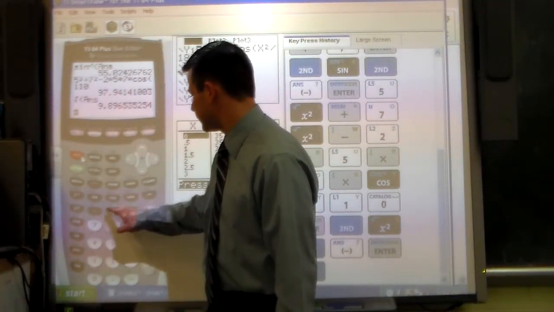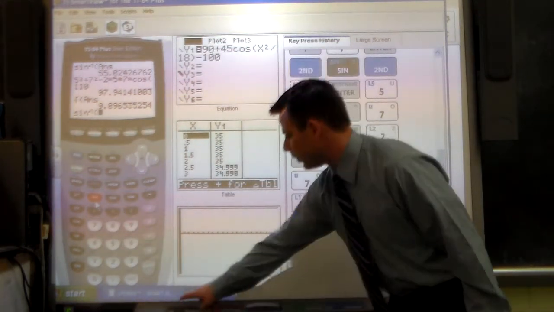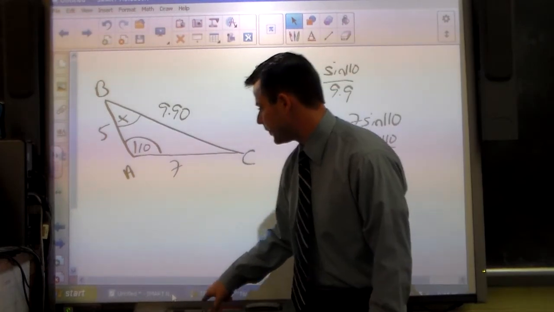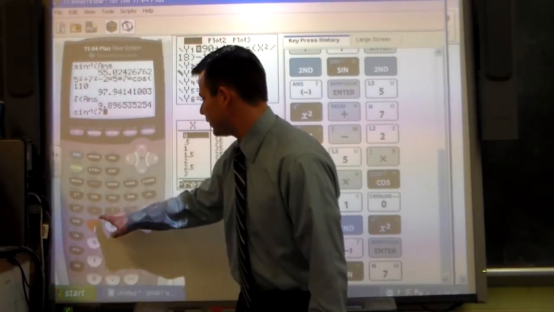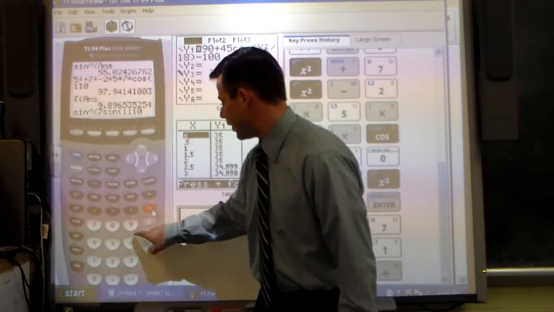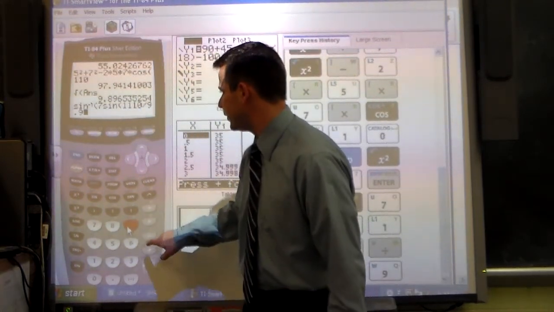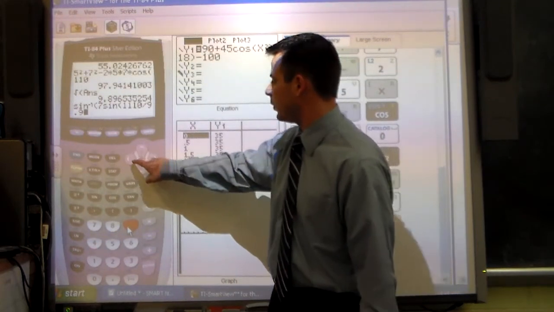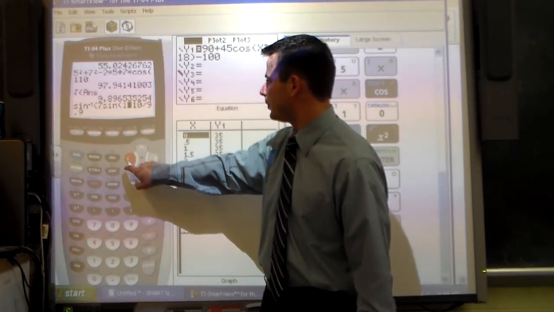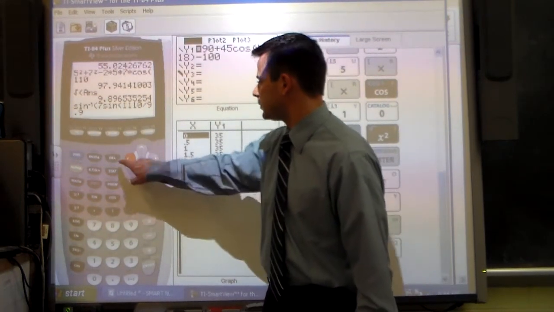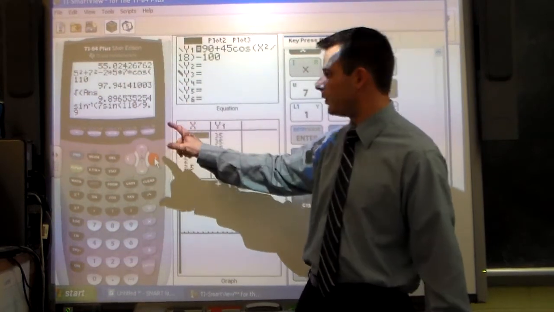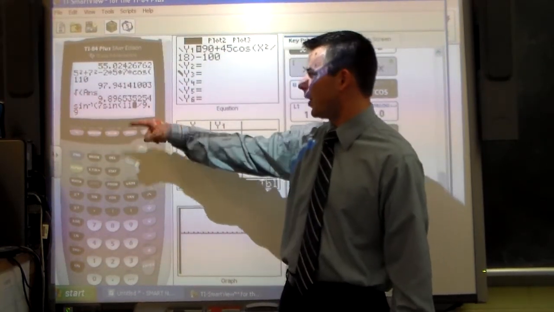Second sine of 7 sine 110 divided by 9.9. Oh, I messed up. I forgot to close my parentheses, so I'm still taking the sine of 9.9 as well.